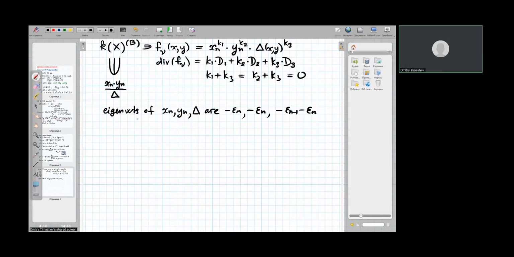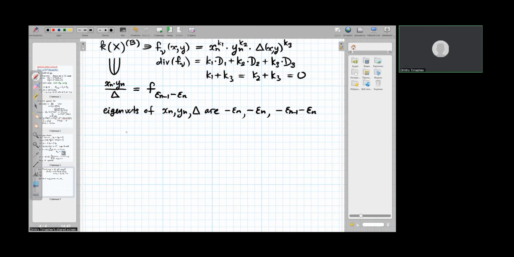These are the eigenweights of these factors in the numerator and the denominator, and therefore the eigenweight of the whole function, let us compute. So we have minus 2 epsilon n in the numerator, and minus epsilon n minus 1 minus epsilon n in the denominator. When you divide, then the weights subtract, so you get epsilon n minus 1 minus epsilon n. This is the eigenweight of this function, and this function is a generator, as I already explained.